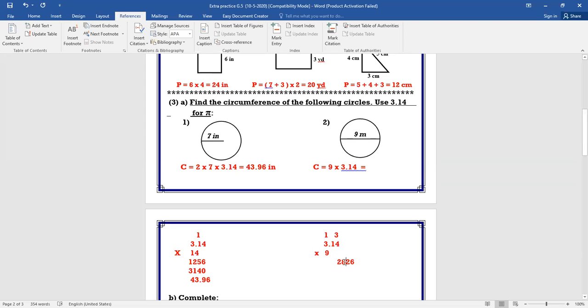And the decimal point after 2 digits. The result will be 28.26 meters. Thank you, Adi.